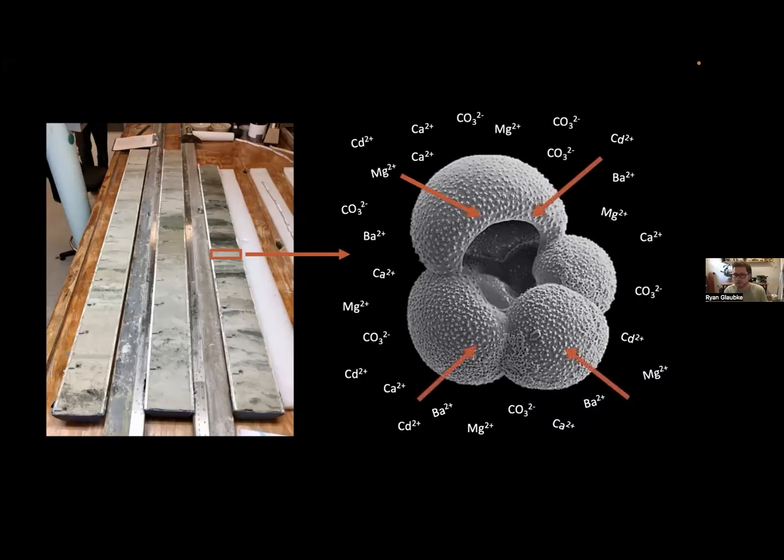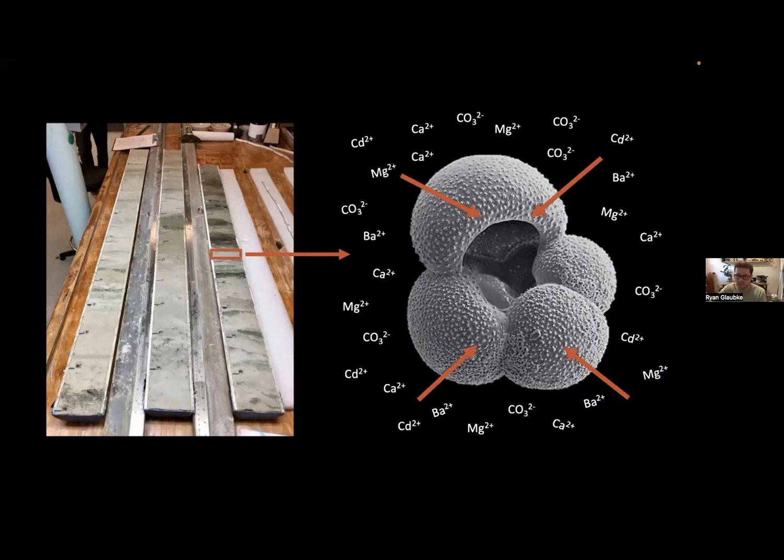And with that information, we can piece together how different states of ocean circulation affected Earth's climate evolution tens, hundreds of thousands of years down to millions of years ago.